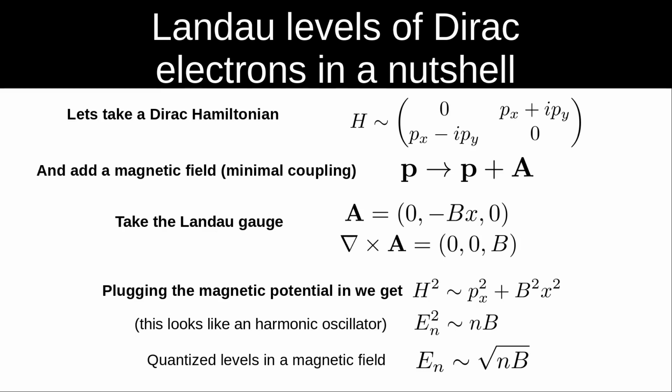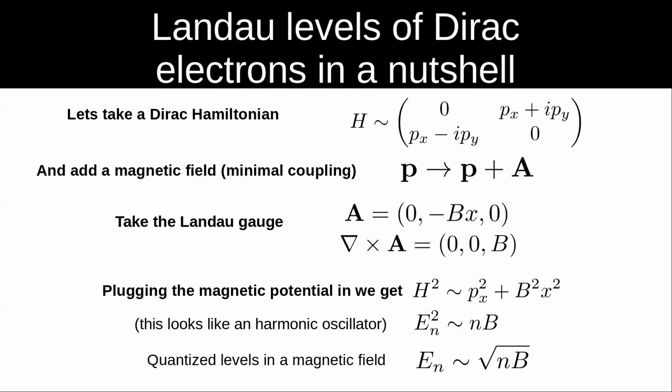And now the trick is that our Hamiltonian is now an off-diagonal matrix, but the Hamiltonian square is now a diagonal matrix. And when you compute the Hamiltonian square, just by, let's say, brute force multiplication of the Hamiltonian that you have on top, what you actually get is that your Hamiltonian square is proportional to p squared plus b squared x squared plus a constant term that you can reabsorb.